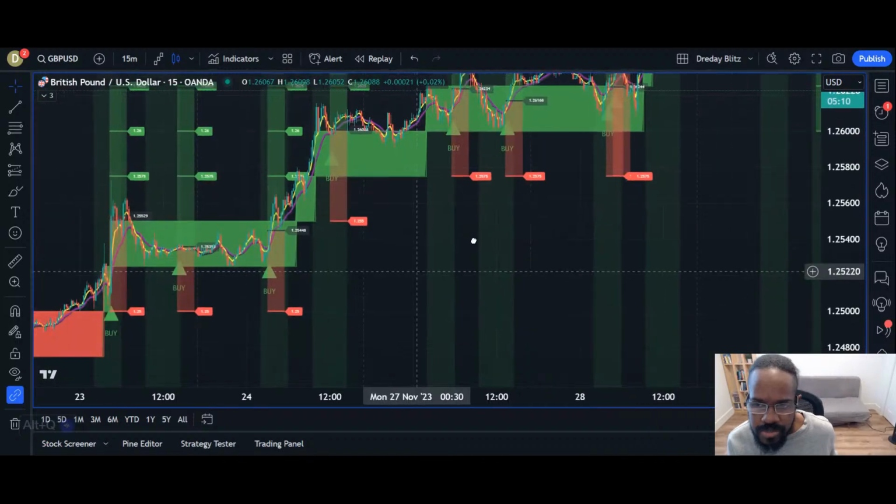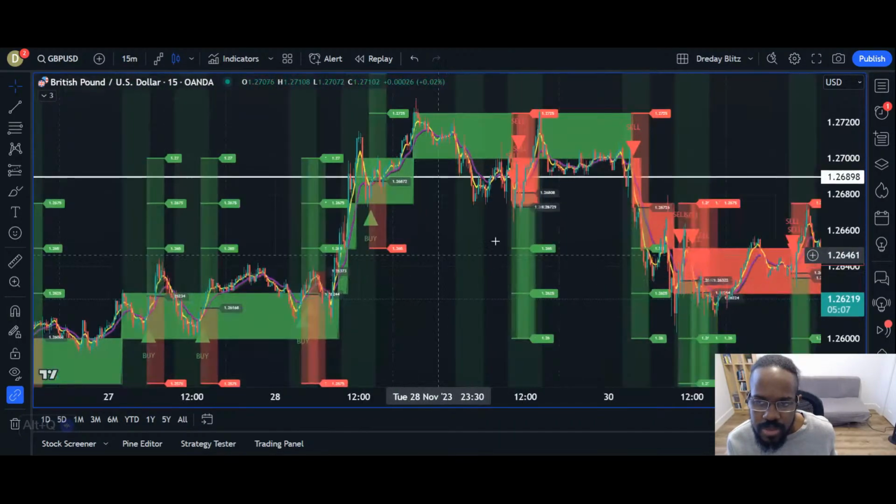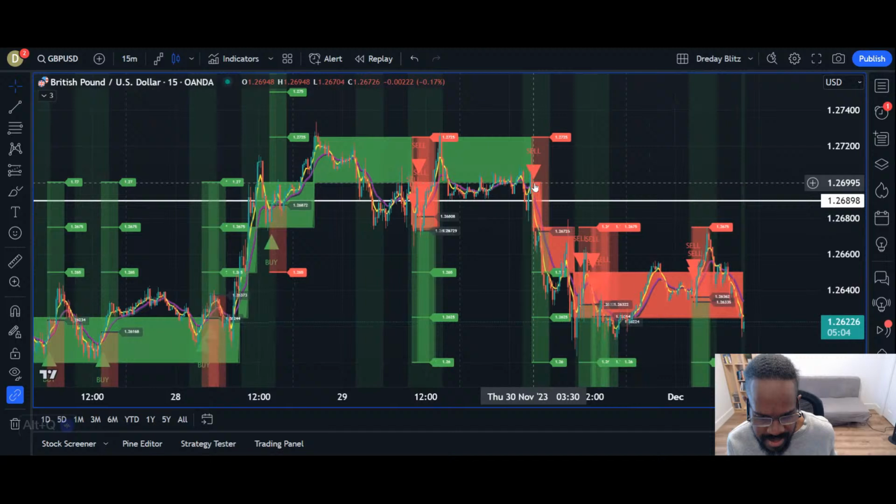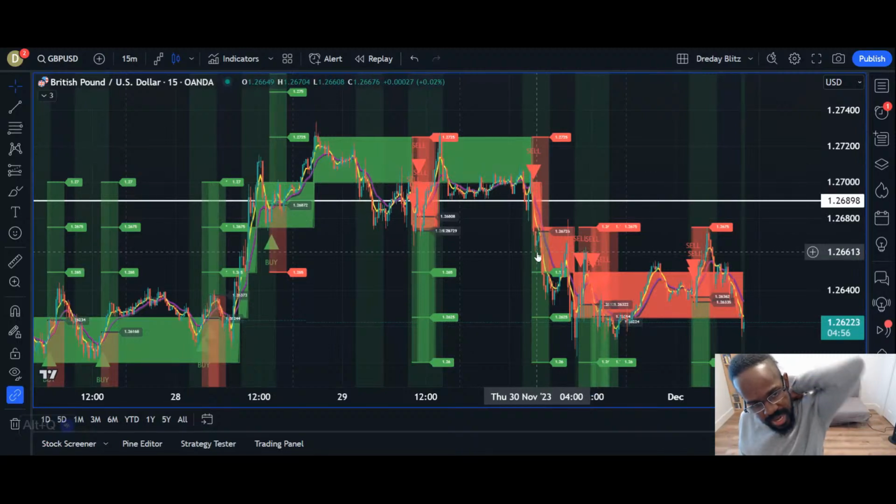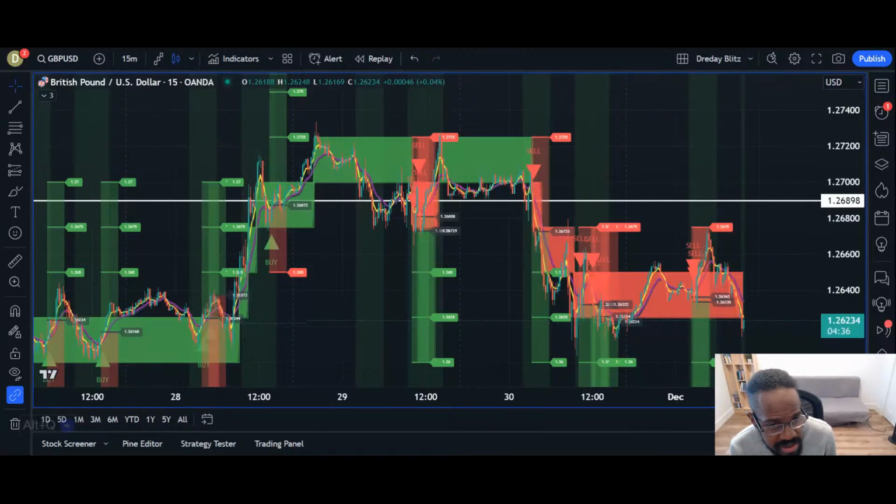So for a week it was bullish. So from the 23rd until the 30th, we're only looking for buys, and as you saw, all the buys won. And now since Thursday, we're selling off. And today is the start of a new month, so we'll see how this month will go.